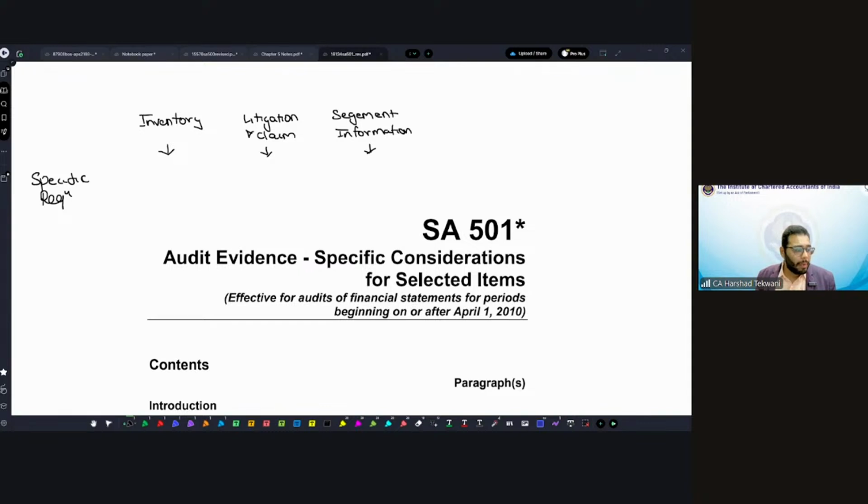These are nothing but the existence and condition of inventory. First is the existence and condition of inventory. Then comes litigation and claims. Can anyone tell me what is for litigation and claims?